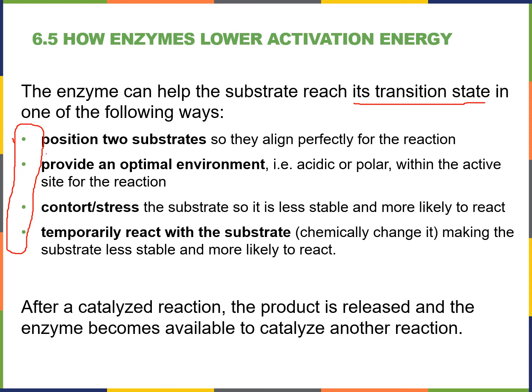So first, it can position 2 substrates so they align perfectly for the reaction. It can provide an optimal environment. So whether that environment needs to be acidic or basic or polar or nonpolar, it basically renders a perfect environment within the active site for the enzyme to bind to the substrate.